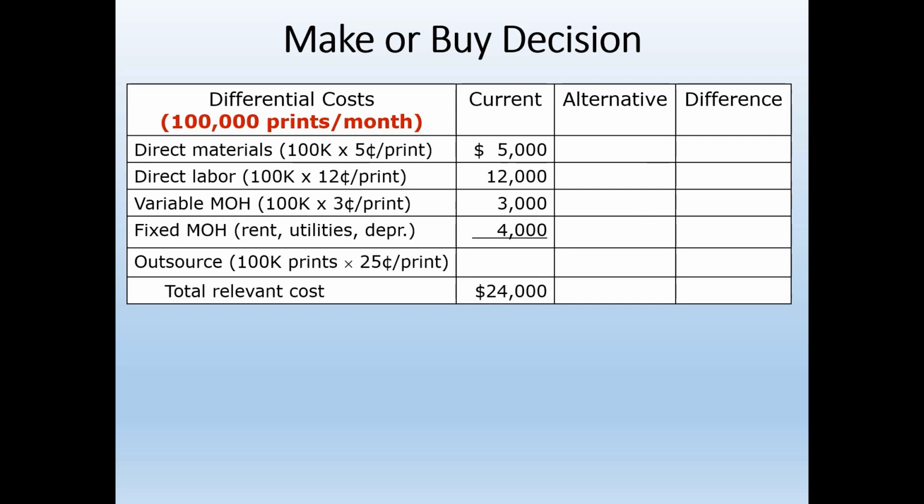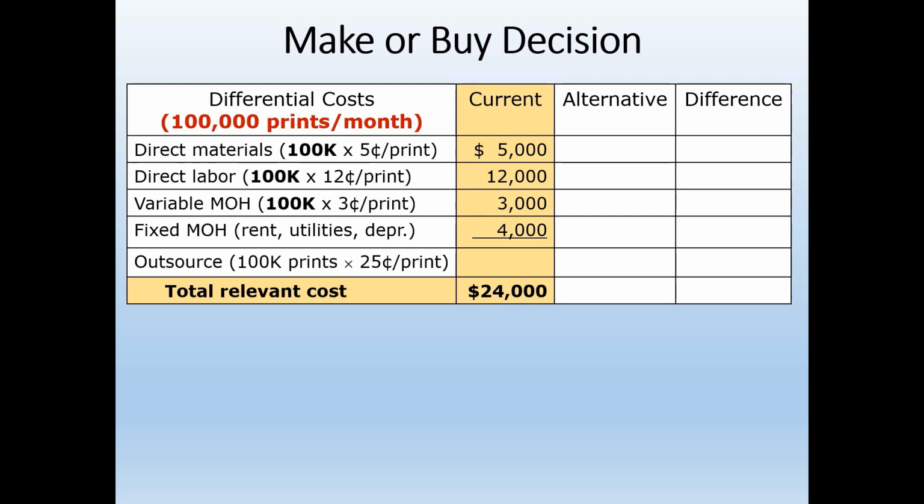What if UDevelop expected to need 100,000 prints per month? If the firm continues to make the prints, its direct materials would be 5 cents per print times 100,000 prints. Its direct labor would be 12 cents per print times 100,000 prints.